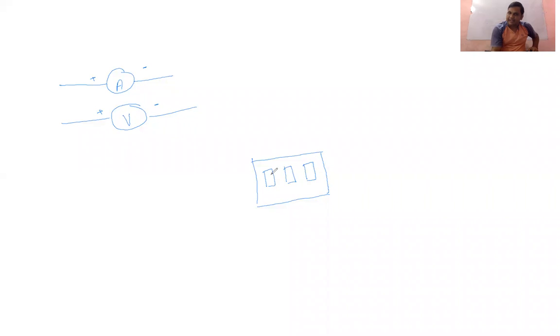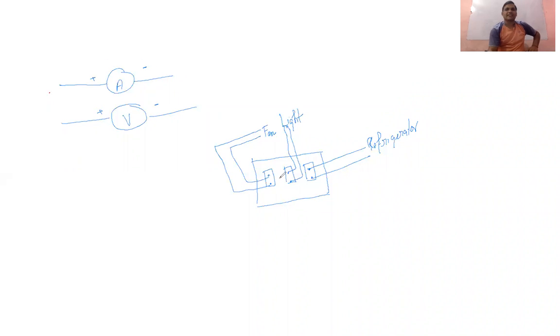One is connected to a fan, this one is connected to your light, and this one is connected to your refrigerator.